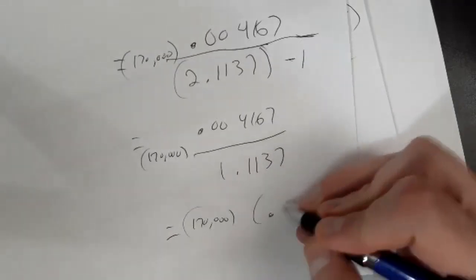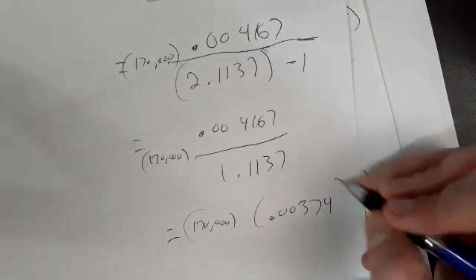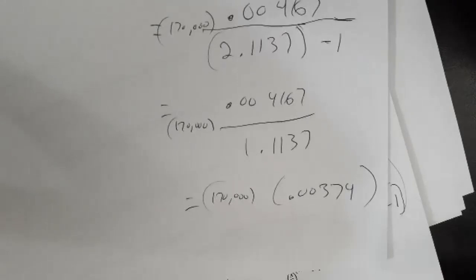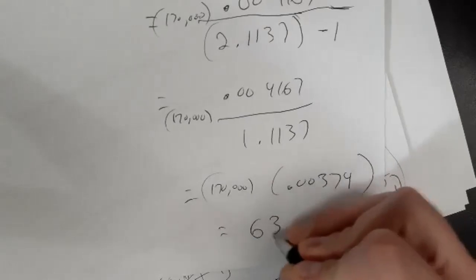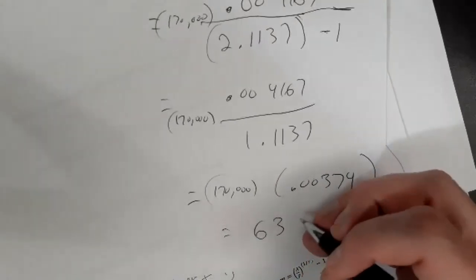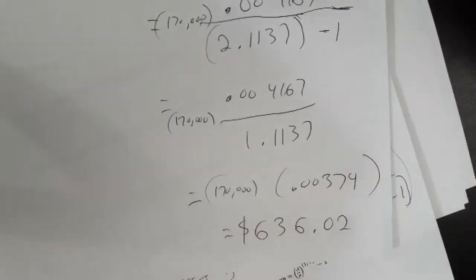Okay, and I should be multiplying this by 0.374, somewhere around there is what I'm getting for this number. I think the exact solution I should get is 636.02. Let's see.